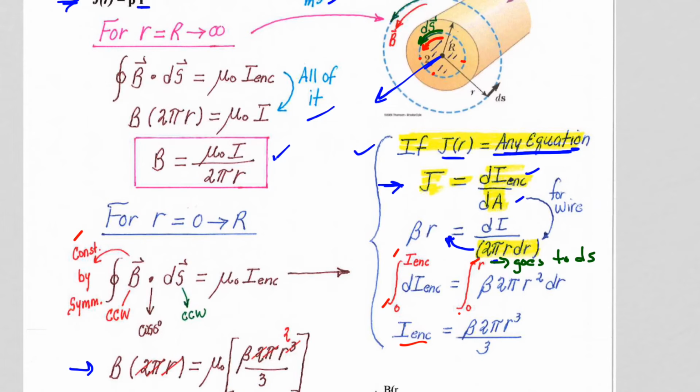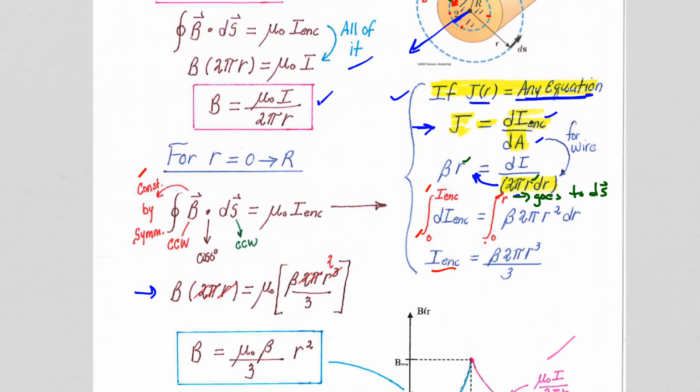So that corresponds to our enclosed current. And we had beta r squared now because we have r and r here, r squared when it goes up. So the integral of r squared is r cubed on 3. So we have our I enclosed gets substituted in here, which is now shown here.